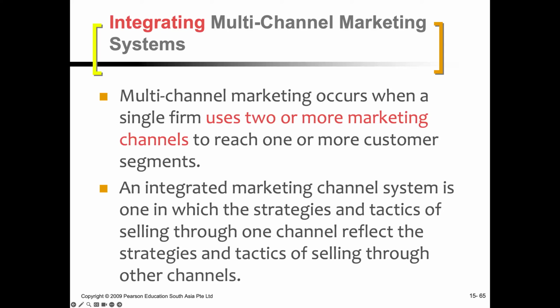Namely, we can say that we use e-commerce, live stream, and social media as marketing channels to reach our customers. So an integrated marketing channel system is one in which the strategies and tactics of selling through one channel reflect the strategies and tactics of selling through other channels.